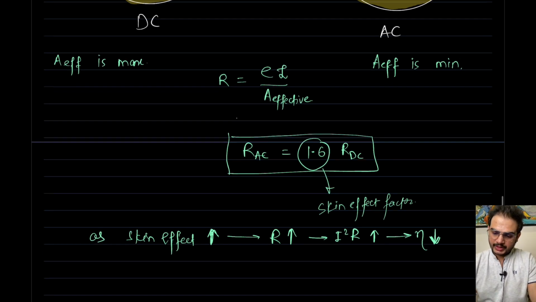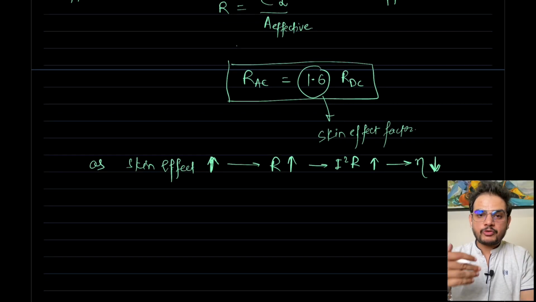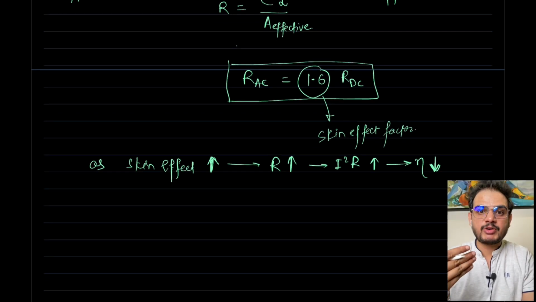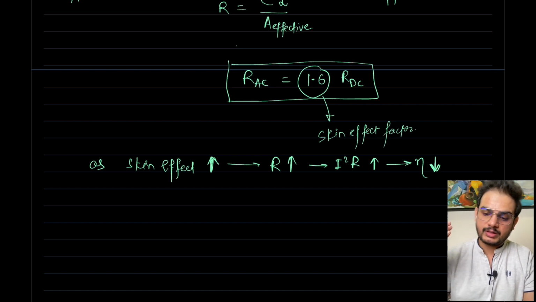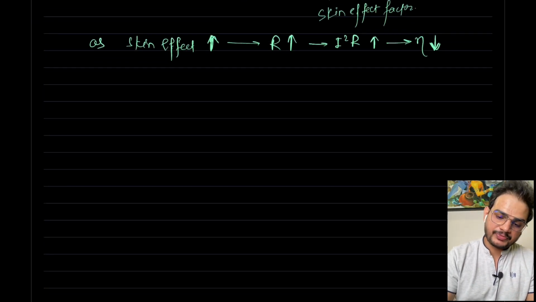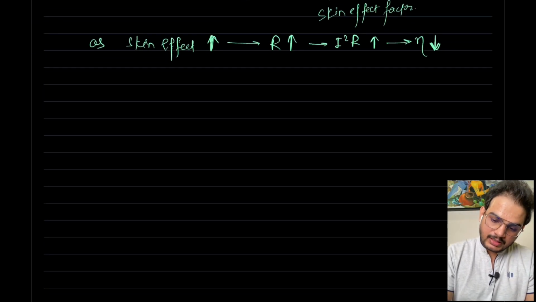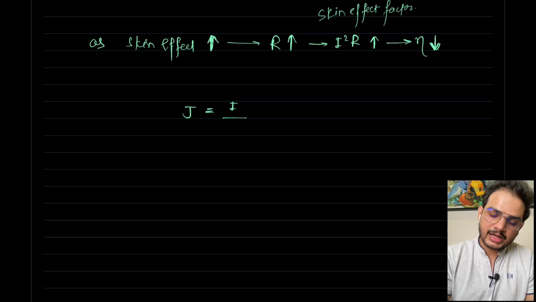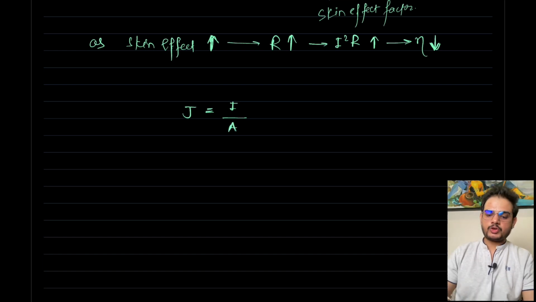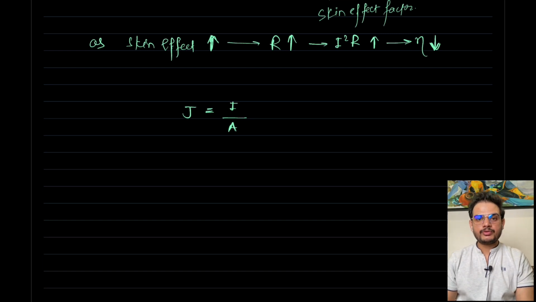Okay, fine. Apart from increase in resistance, there is one more effect due to skin effect, that is non-uniform distribution of current density, right? We know that current density is represented by J, which is equal to current divided by cross section area of the filament.